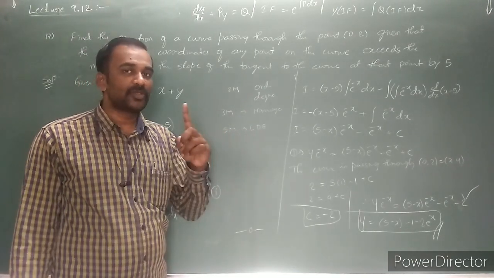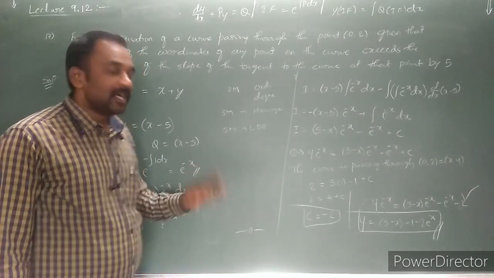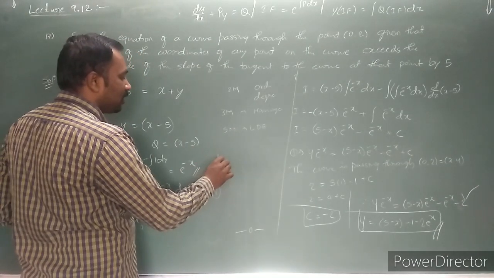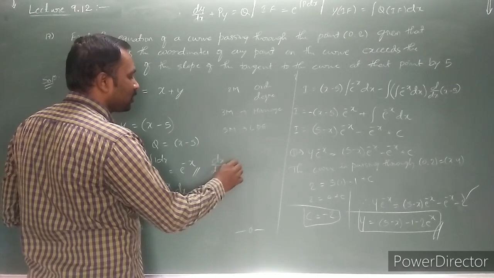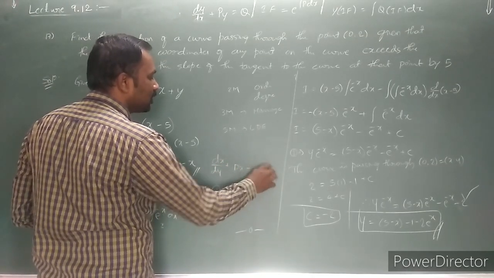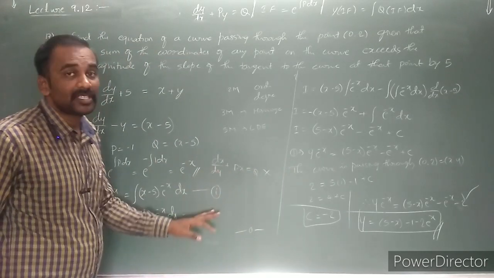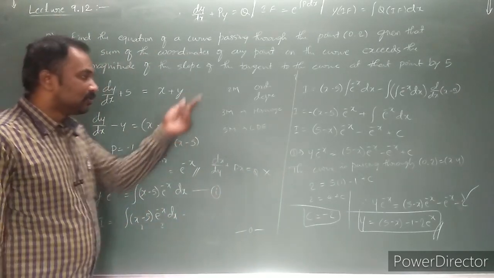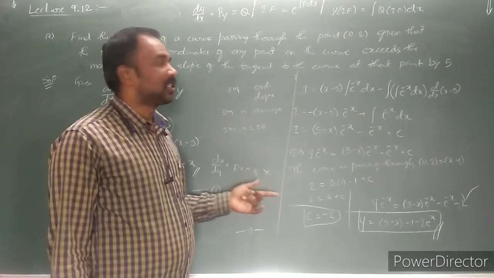In that exercise, we will definitely get one question. The solution of the form dx by dy plus P into x is equal to Q will not be asked for this academic year. So very important point, remember this.